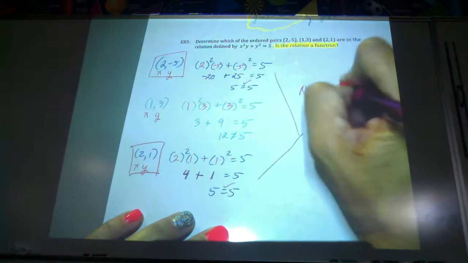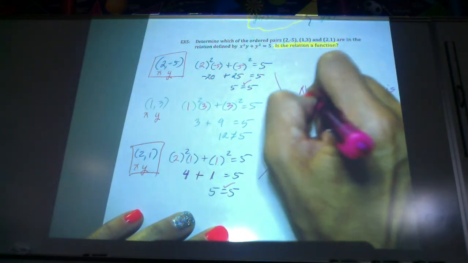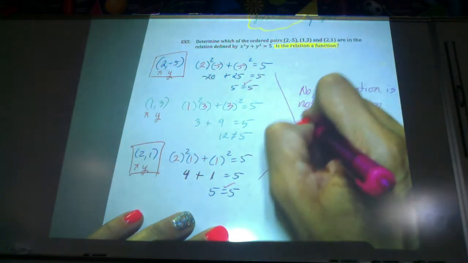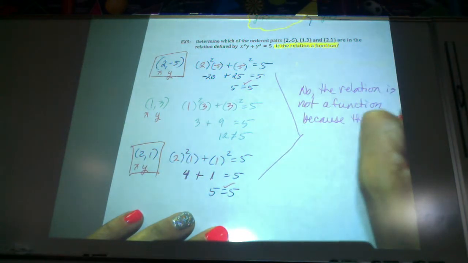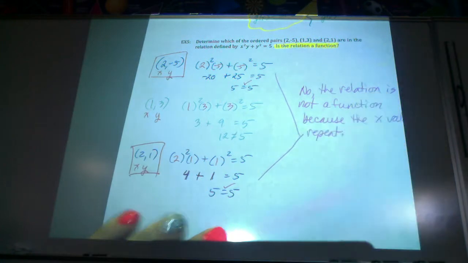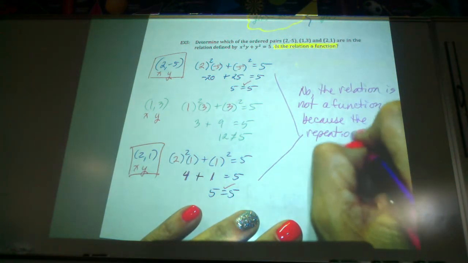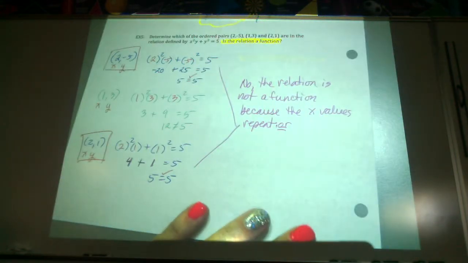The relation, that sounds really smart, is not a function because the x values repeat. I'm totally happy with that. Or, this is what Math Excel is going to throw at you, so I thought that you might want to write this down, just so that you recognize it when you see it.